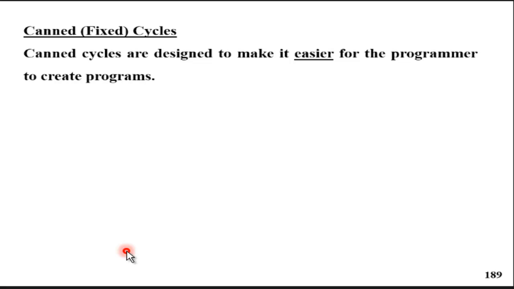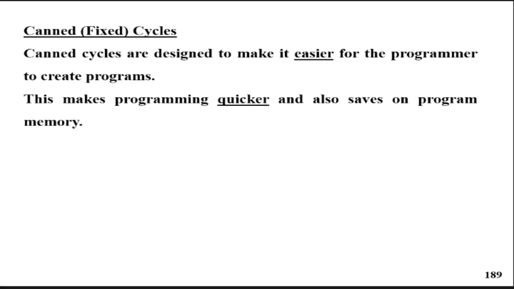Canned cycle is used to make it easier for the programmer to generate, create and develop his G-code program. So using this canned cycle will make it much easier and quicker and save effort and time and even the computer program memory itself.